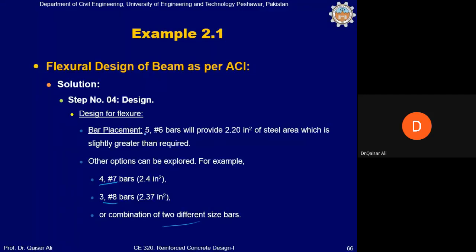Now 5 number 6 bar will provide 2.2 inch square area. आप लोगों को पता है, this is slightly greater than required, but we can provide 5 number 6 bar for the given beam. The required area is 1.95 inch square. Clear? So आप reinforcement थोड़ा ज़्यादा दे सकते हैं, सही?